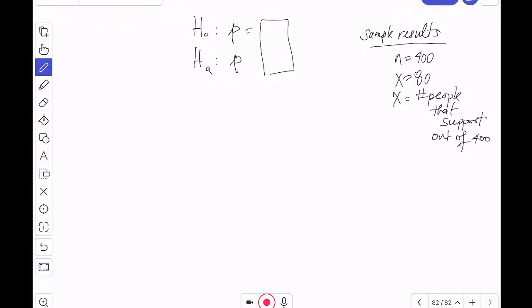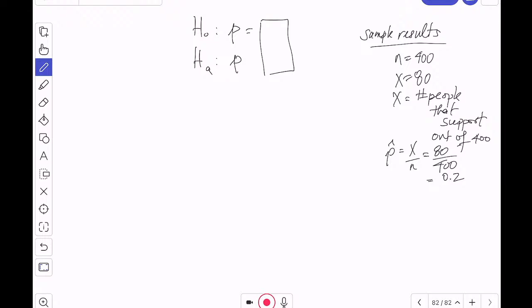And we are testing for the true proportion. So the other sample result is X over N, which is 80 divided by 400, which is 20%. So that's not the number we use, right? That's the sample result. The number we use is the 25 they mentioned to test against.